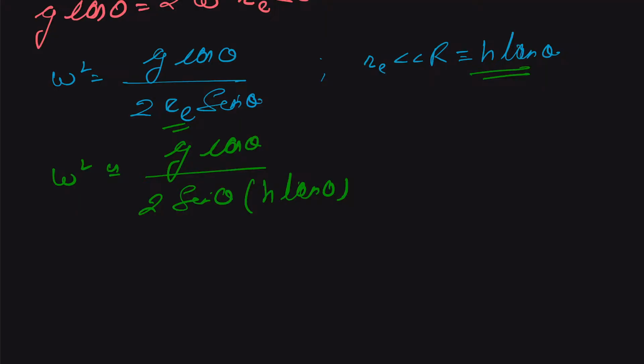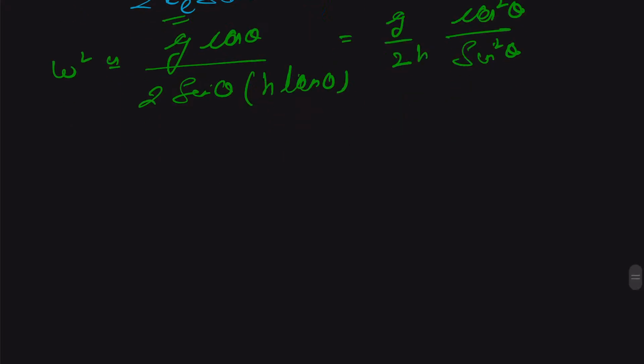So this will be coming as cos square upon sine square. So this will be g upon 2h, and we get this as cos square theta and sine square theta, which is nothing but cot. Therefore we can write omega is equal to cot of theta square root of g upon 2h.